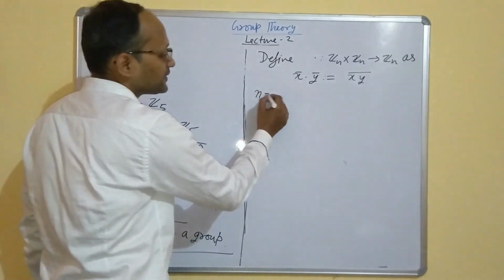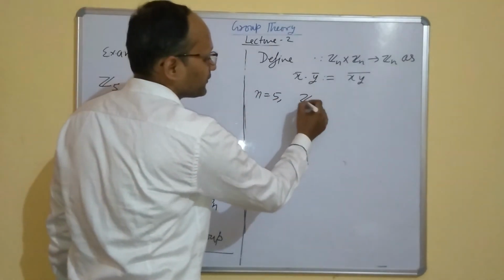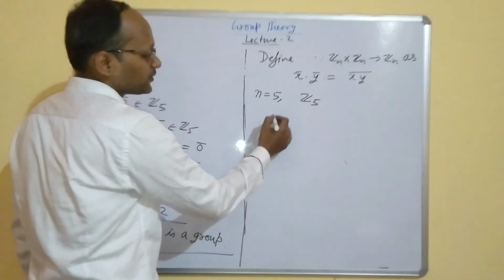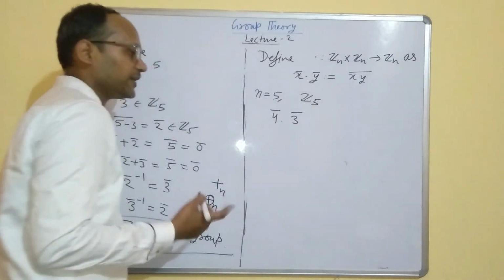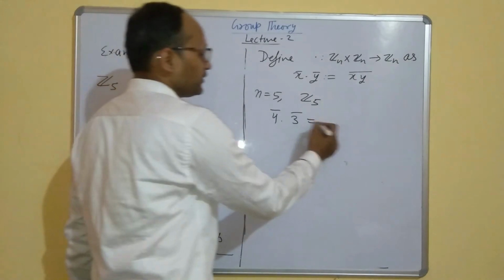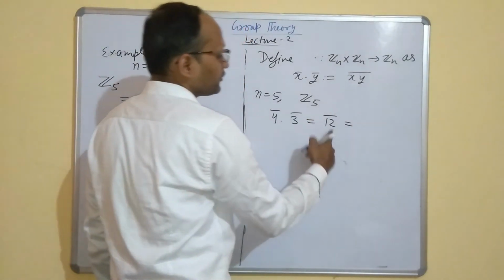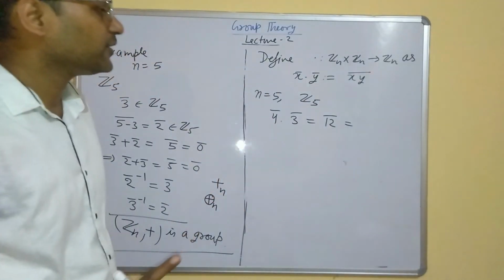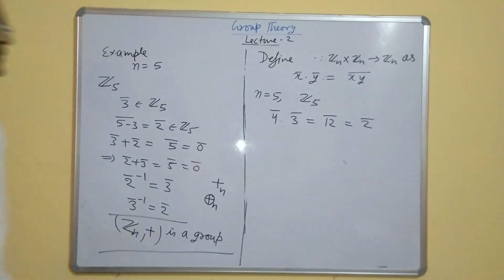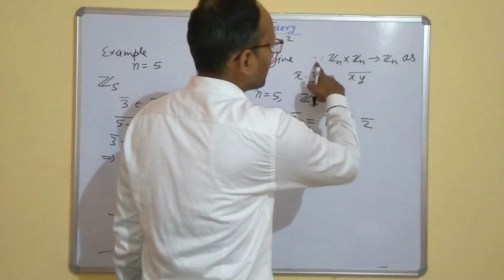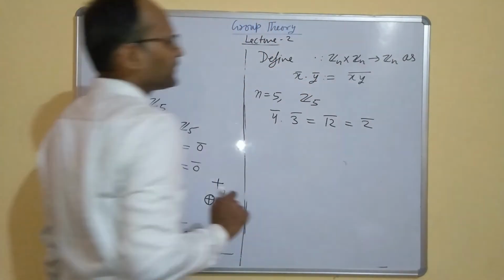For example, for n equal to 5 in Z5, if I take two numbers, suppose 4 bar and 3 bar, and I want to multiply them, then we have 12 bar. So we divide 12 by 5 and get the remainder 2, so it is 2 bar. So it means this multiplication is a binary operation on Zn.